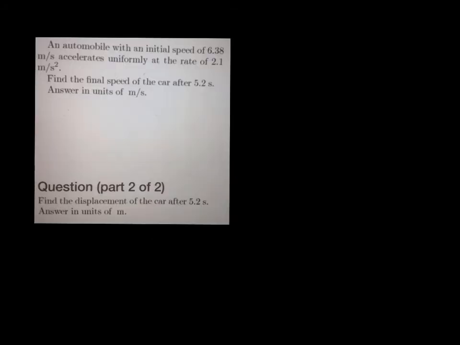Okay, in this question it's asking you for the final speed or final velocity. It gives you an initial speed, an acceleration, and a time. So for final velocity, we are going to use the initial, and then we're going to add the acceleration times the time.